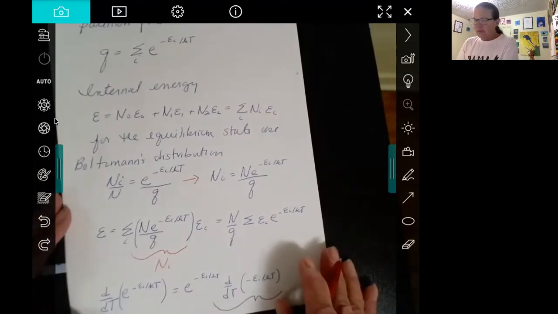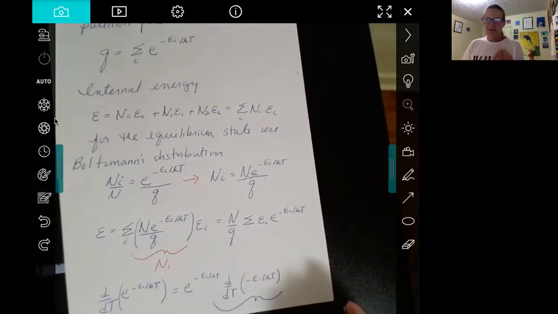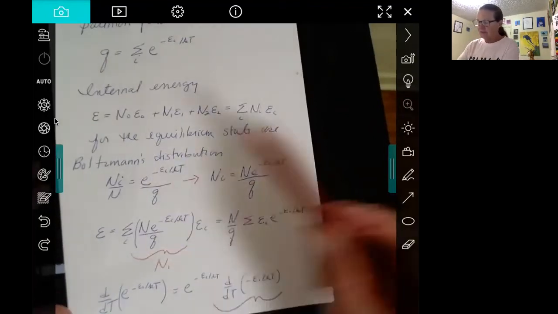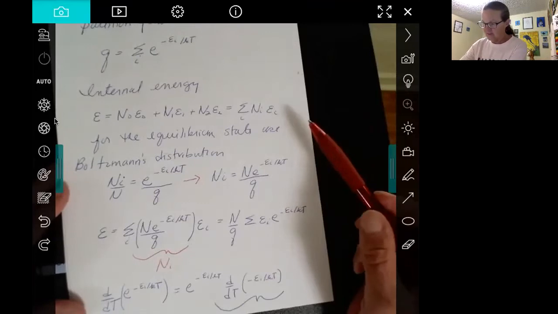So we want to think about equilibrium. If you have a system of water sitting on the table, it's going to be in equilibrium, and we want to know what the internal energy is for that particular state of the system.